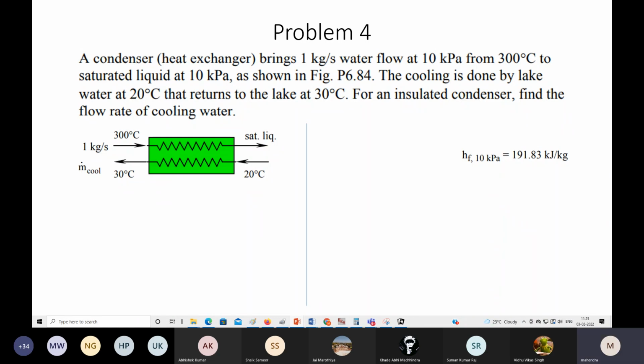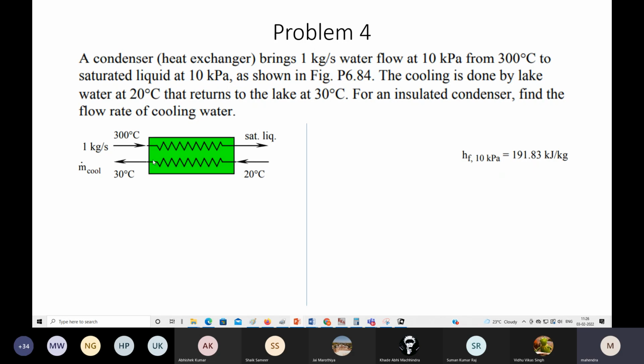So what is the condenser doing? It changes the phase of the steam coming out of the turbine. Then that saturated liquid is pumped back to the boiler. There again we need the pump that we saw at the beginning. So this is the component, the condenser.